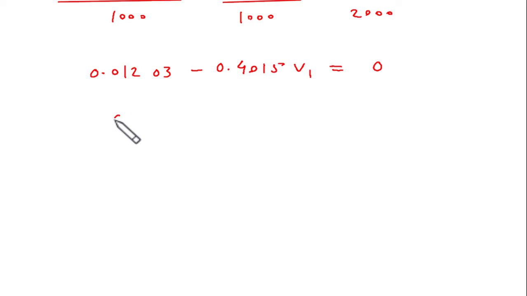This will be 0.01203 is equal to 0.4015 V1.